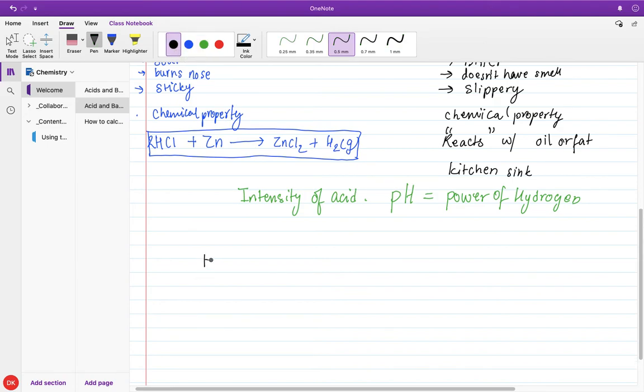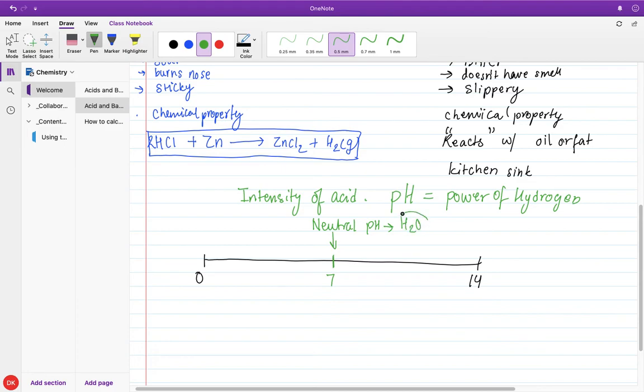It runs from 0 to 14. Right around the middle is 7, which is your neutral point, or neutral pH.